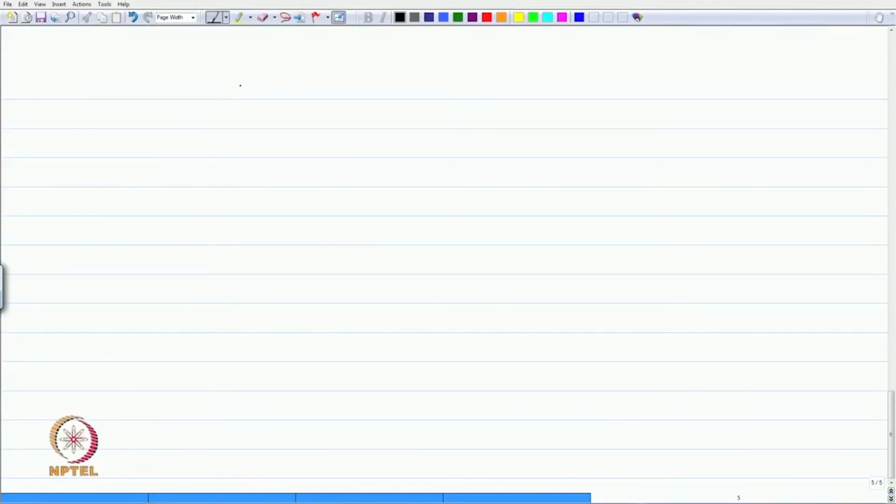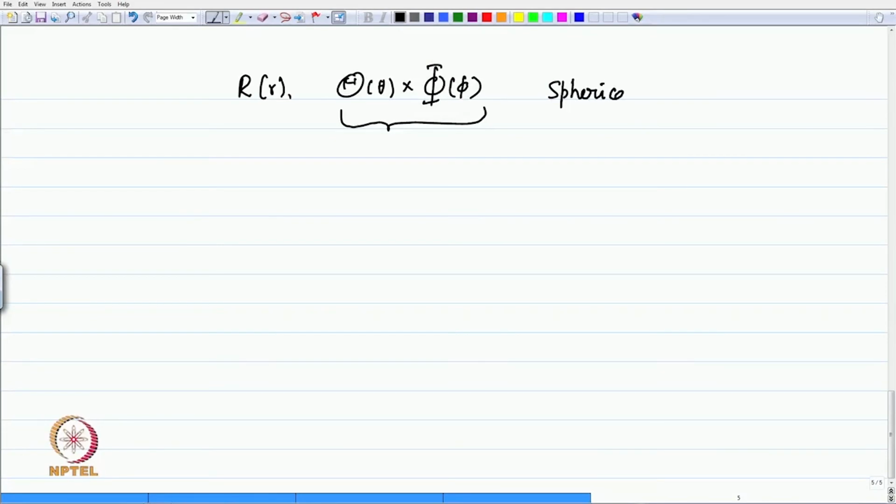When you solve these equations, which I will not describe here, you will get a radial function, you will get an angular function, and you will get a phi, which is also a part of the angular function. The product of the two together is known, not only in the hydrogen atom but in general for such equations, as spherical harmonics.